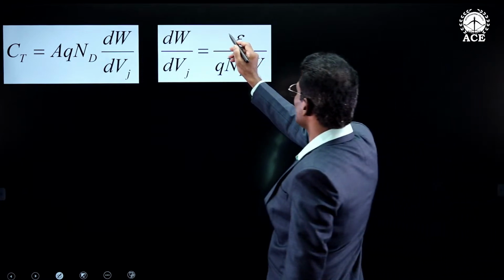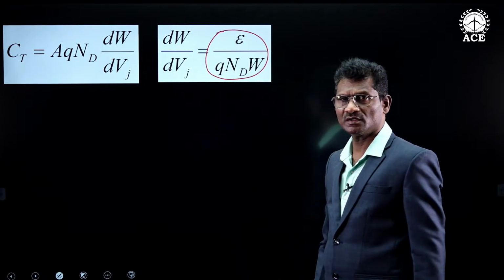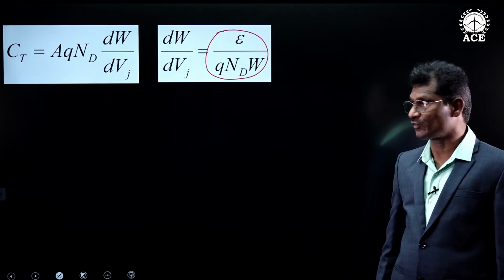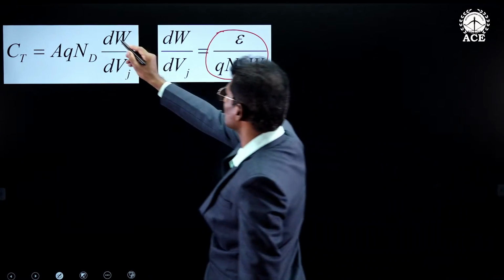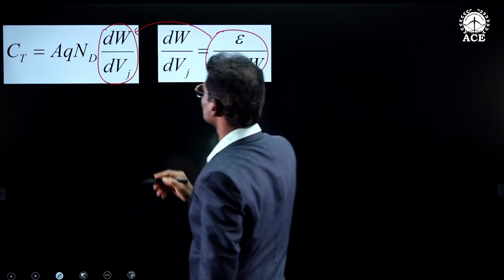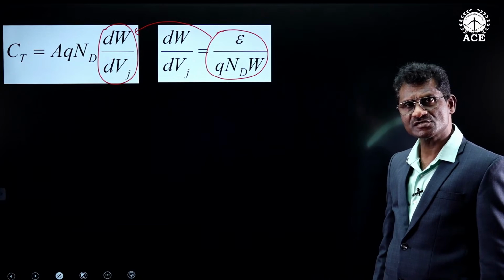Now this value of dW by dVj, which has just been derived by differentiating the junction voltage equation, will be substituted into the transition capacitance equation in place of dW by dVj.